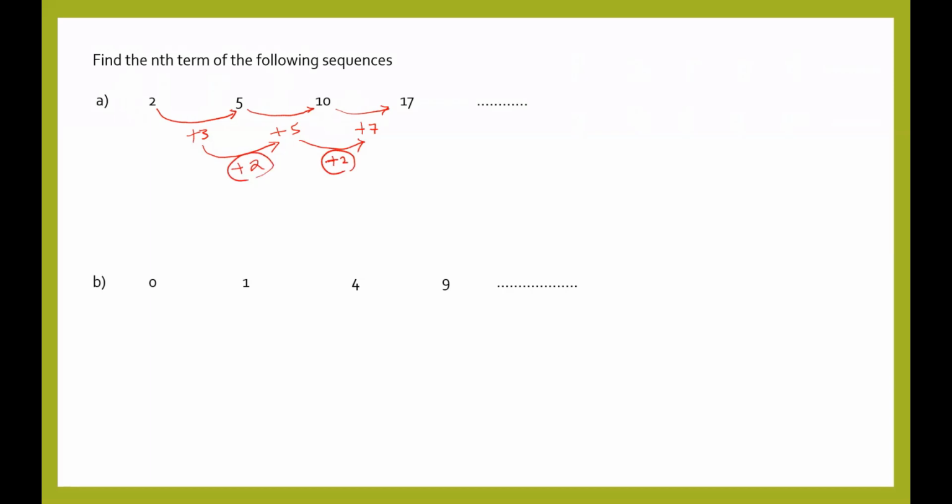So whenever you are checking the common difference between the numbers in the sequence, and you find that the second common difference is the same, it means you are working with a quadratic sequence. How to get the nth term for this? There is a long formula, but we're going to take a short way.